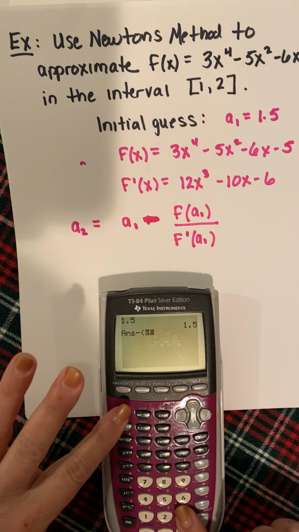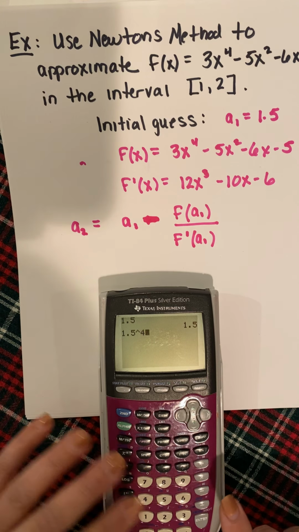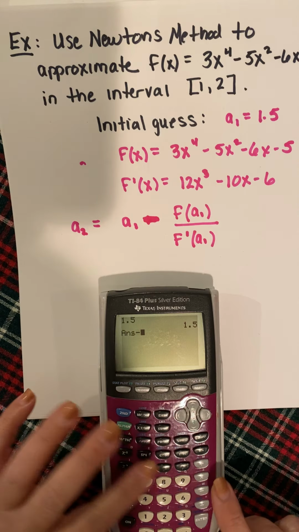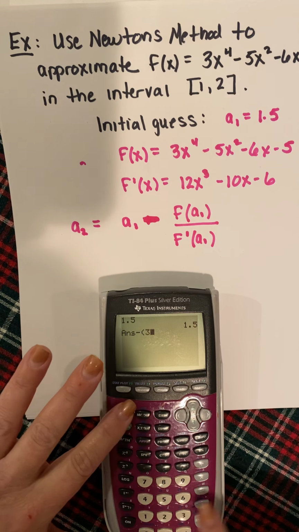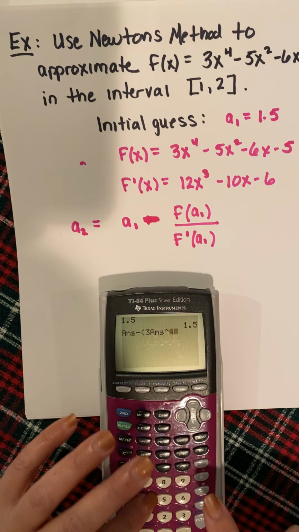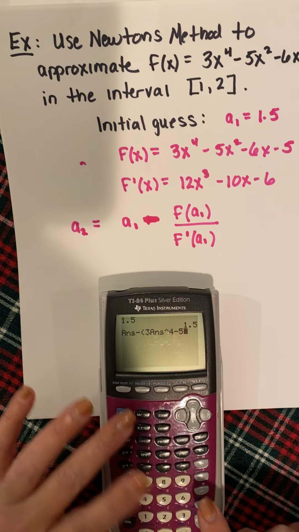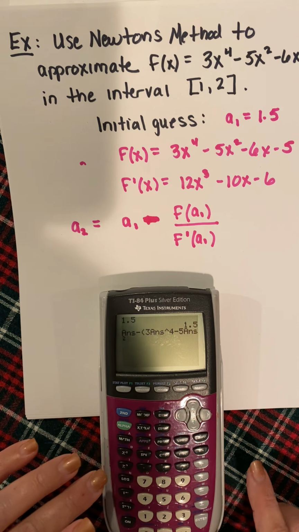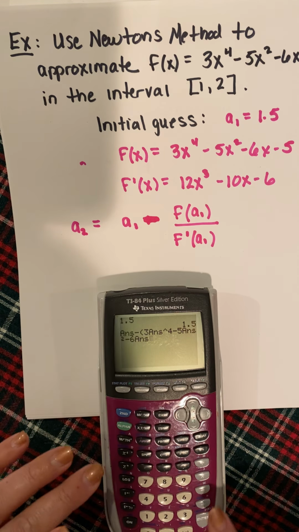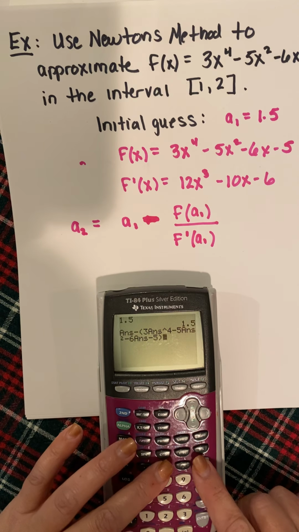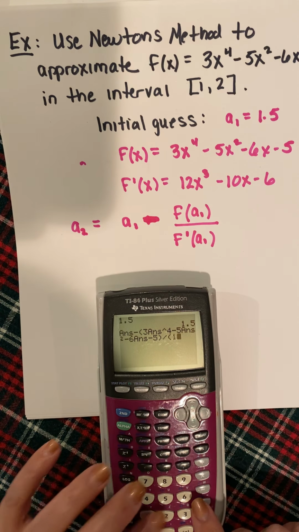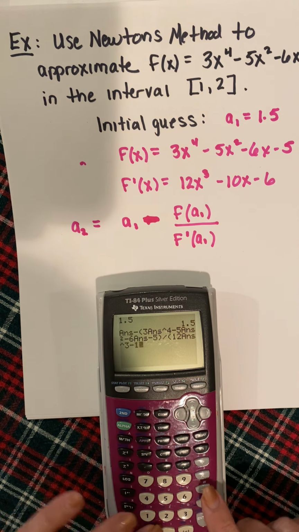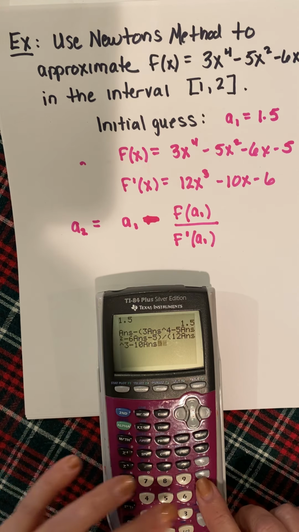So it's going to be answer minus parenthesis 3 answer to the fourth power minus 5 answer squared minus 6 times the answer minus 5, divided by the whole thing in parentheses, the derivative 12 answer cubed minus 10 times the answer minus 6.